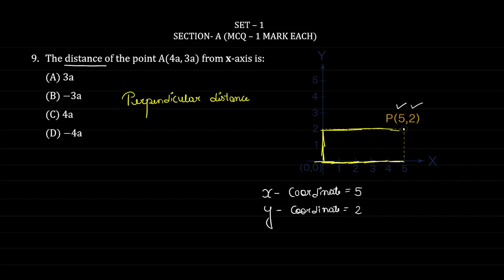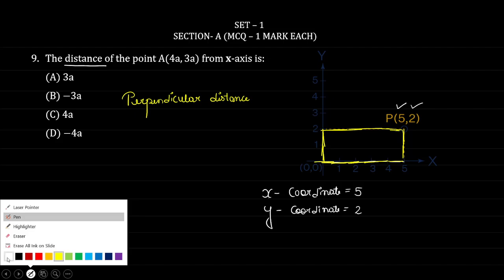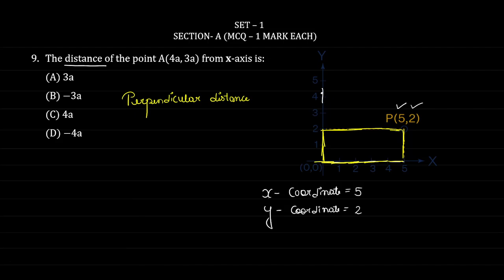Now, this is your x coordinate. Can I say that it is the perpendicular distance from the y axis? This is your y axis and this is your x coordinate value. The angle here is 90 degrees, right? So can I say that the x coordinate is nothing but the perpendicular distance from the y axis? Yes, I can say that.